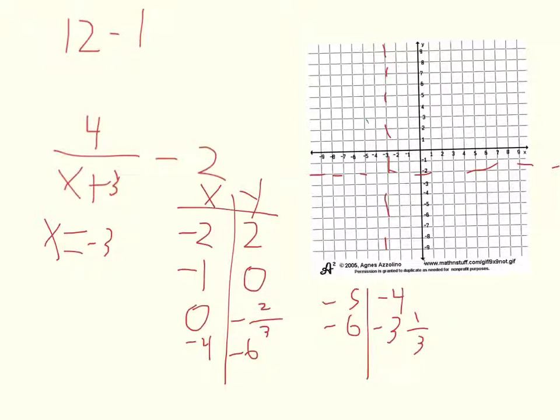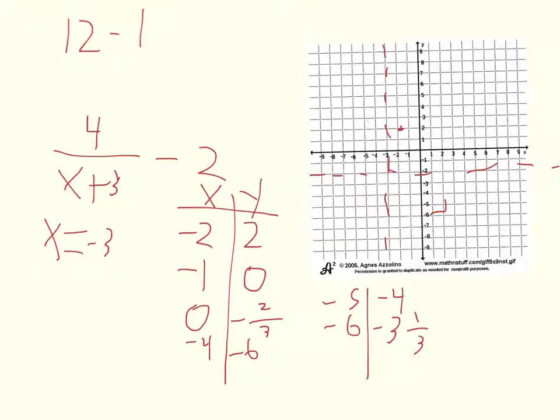So now we just plot the points on the graph. So we go negative 2 and 2, right there.